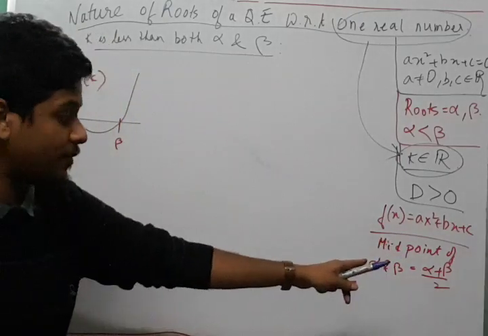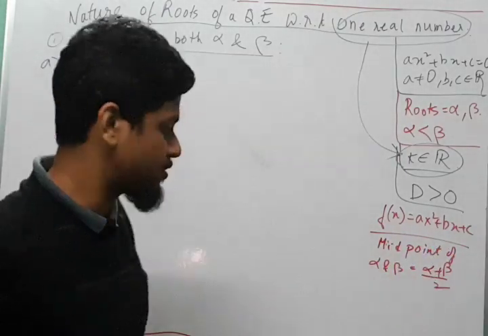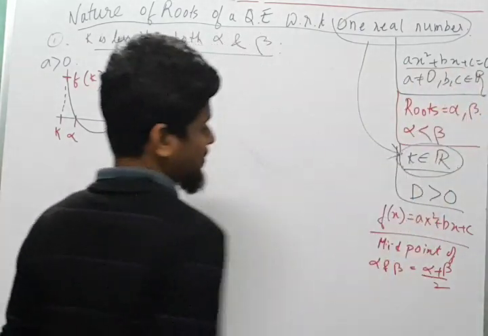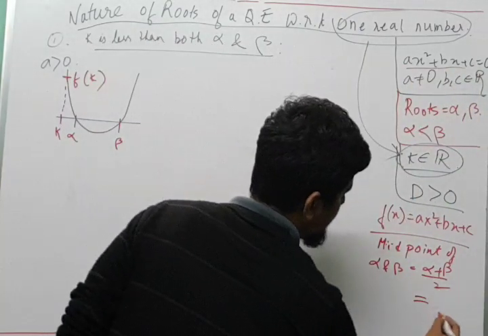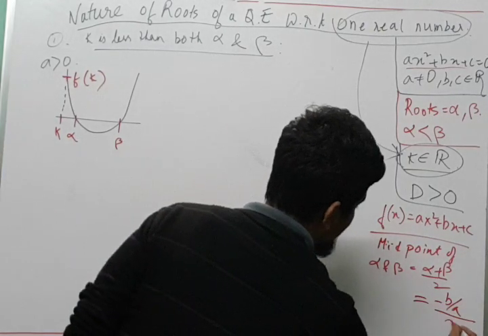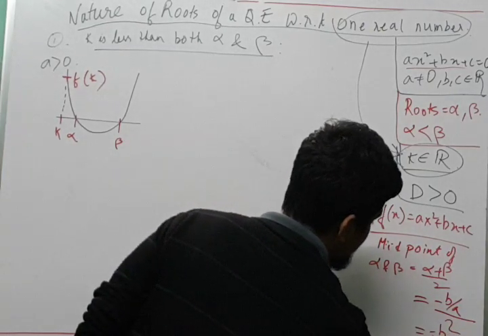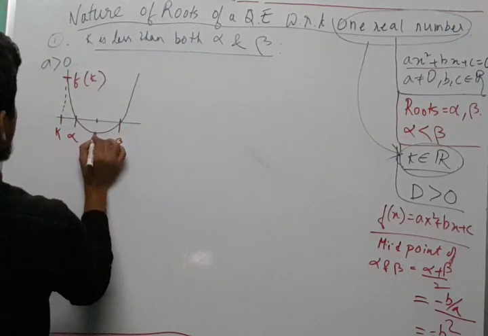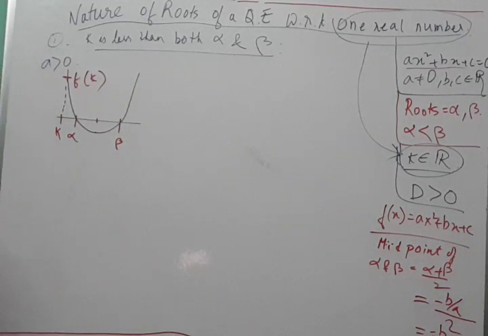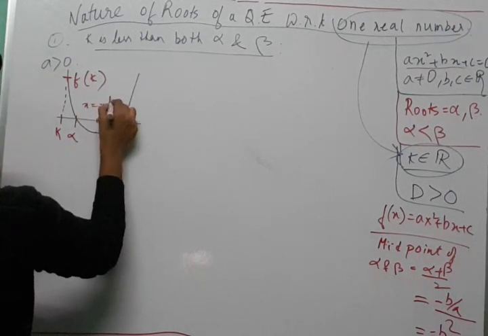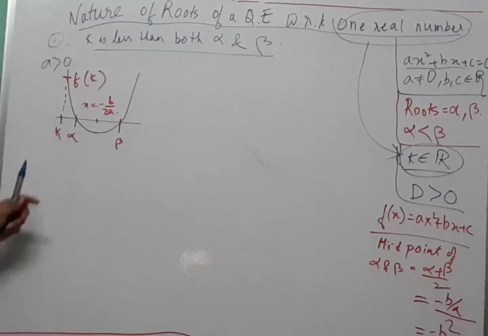Alpha plus beta is the sum of the roots of ax square plus bx plus c, which is minus b by a, so divided by 2 this will ultimately give us minus b by twice a. So this midpoint, where we are getting the minimum point, is x equal to minus b by twice a. So this is the graph that we are looking at.